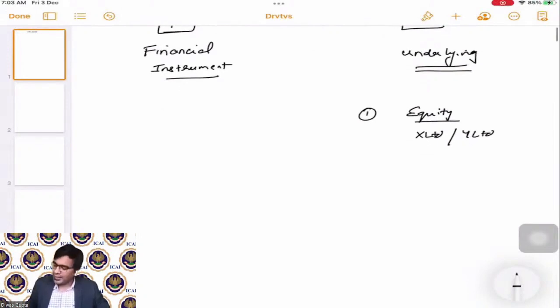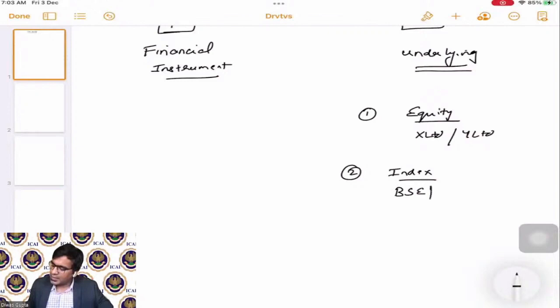The second type of underlying can be indexes. What is an index? An index is a market index, correct? For example, BSE and NSE, which indicate how the market is moving, because equity is for one company, while an index is for the entire market, or all the companies put together.